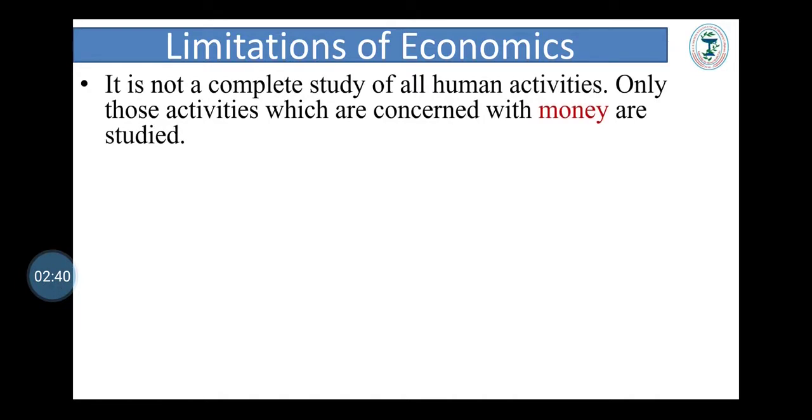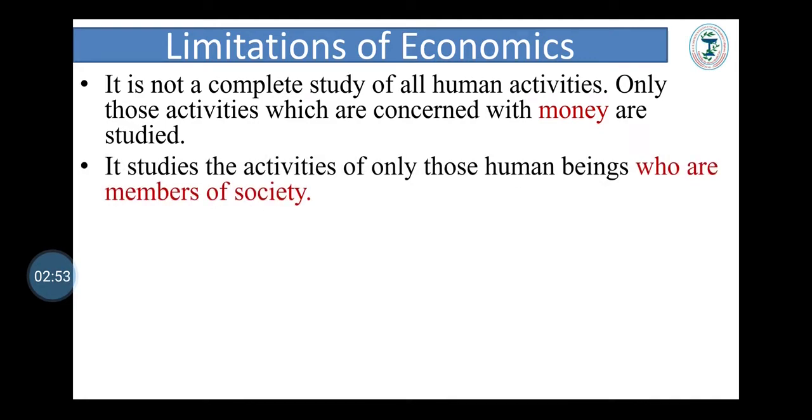Next part, that is limitations of economics. Economics is not a complete study of all human activities. Only those activities which are concerned with money are studied. It studies the activities of only those human beings which are members of society.